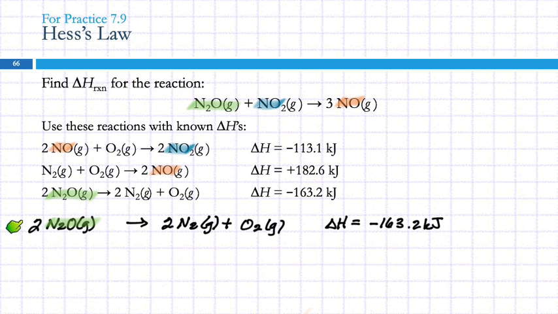Now, this does not have the same subscript that does, right? How can we change it so that it has the correct subscript? Divide by 2, right? So we're going to divide all the coefficients by 2, and we're going to divide delta H by 2. We might end up with some fractions.